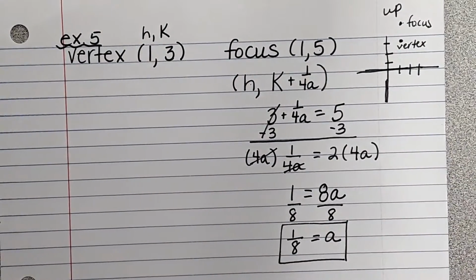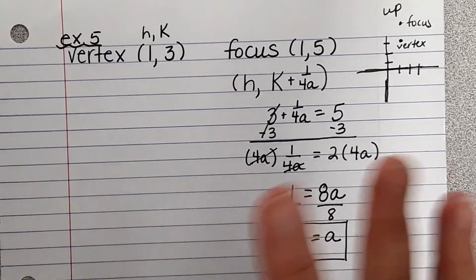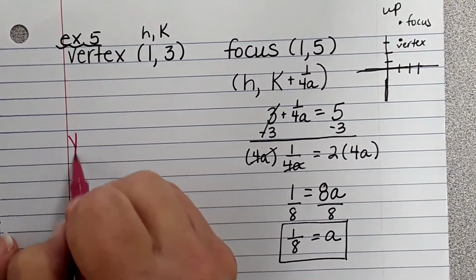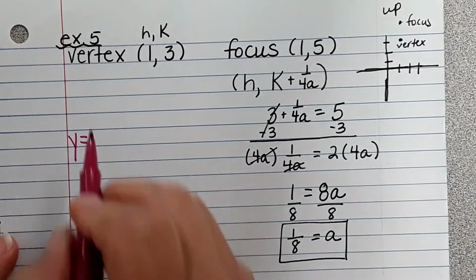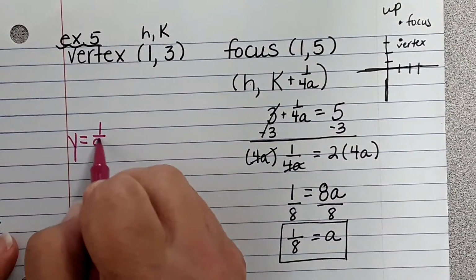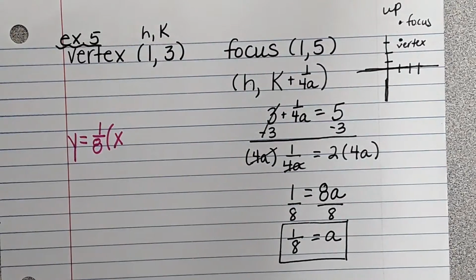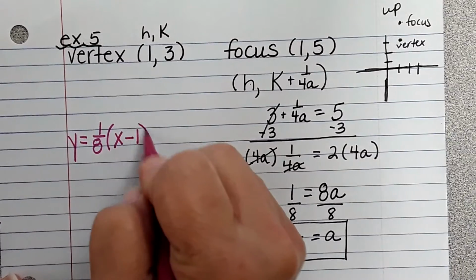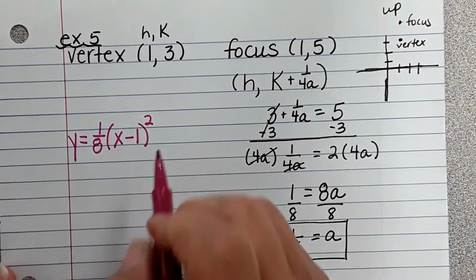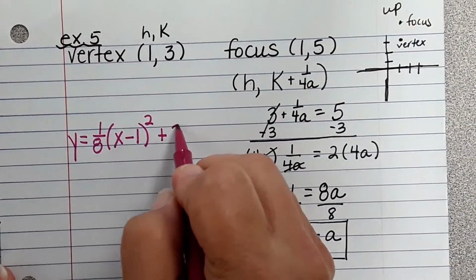Now what I can do is write the equation of this parabola. So y equals, well, a is 1/8. Now, is it going to be x minus 1 or x plus 1? And then it's squared, and then it's plus 3.